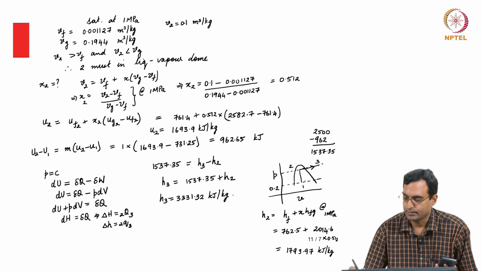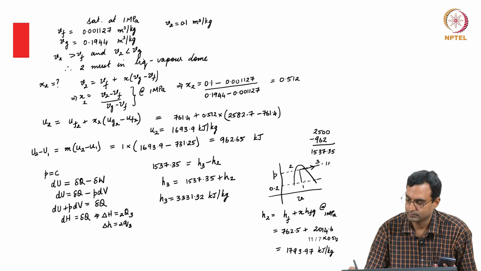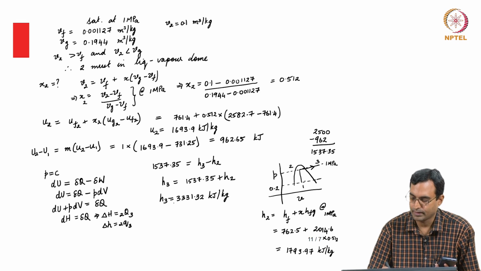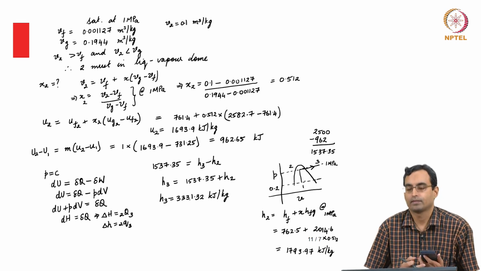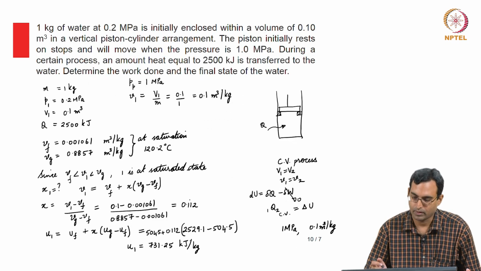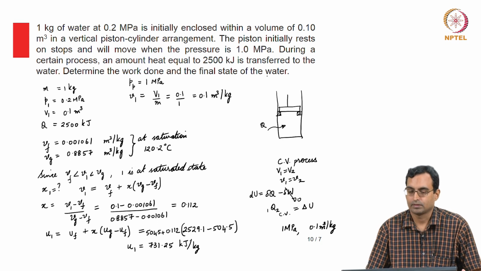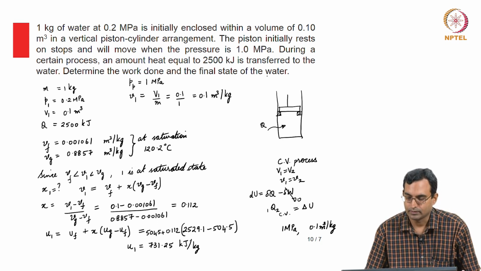For this final state 3, what I know is that the pressure is still this 1 megapascal and the enthalpy is this value. So, I now need to find out something about that state. So, let us see what else we are asked to find out the final state. So, let us find out the work done.